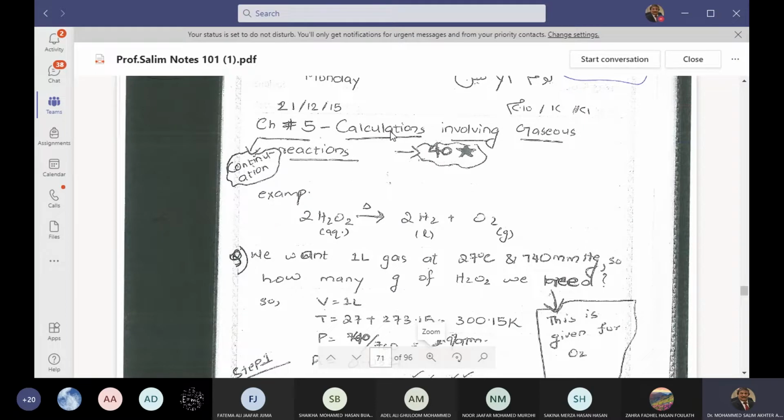Sometimes they say the word calculation, sometimes they say stoichiometry. Stoichiometry is a long word meaning calculation. Stoichiometry, let me write it down for you.